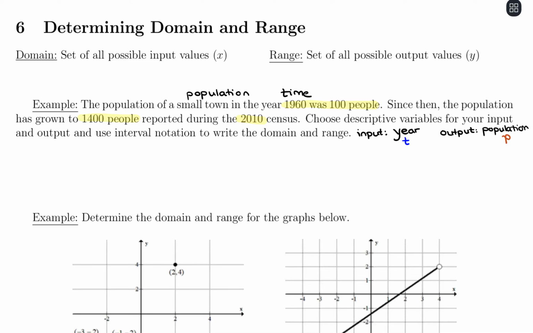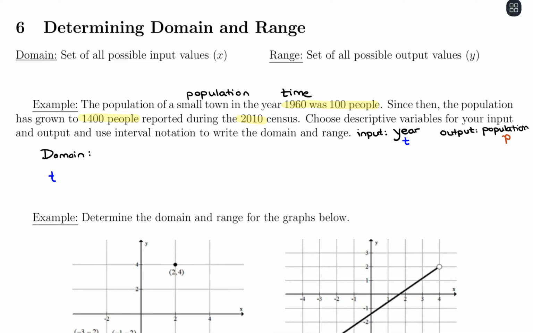Okay, so domain. What we're doing here is talking about how is time restricted here. What are the possible times we're going to see for this description? So we're talking about how it's starting in 1960, ending in 2010.